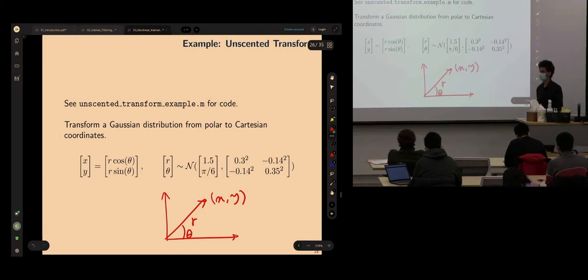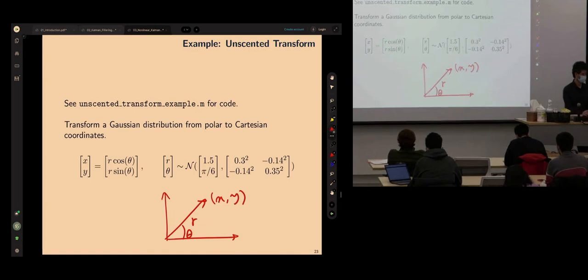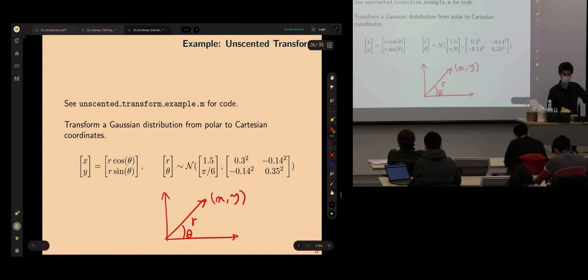So x is r cosine of theta, y is r times sine of theta. We're working with a specific mean and covariance, right? And this is my nonlinear map.